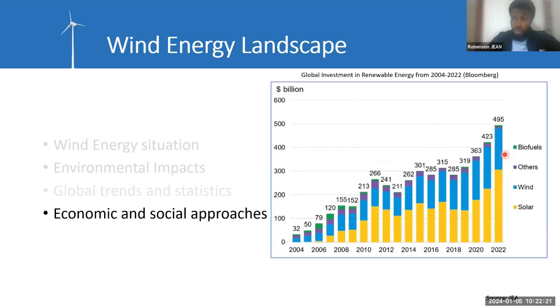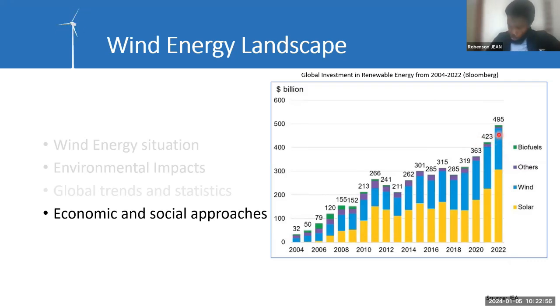So this is the global investment in renewable energy. If we try to understand this graph, it is the investment in billions of US dollars. Look, wind is a little bit behind solar, because the solar investment in the year 2022 was higher than $300 billion, whereas wind was around $200 billion.